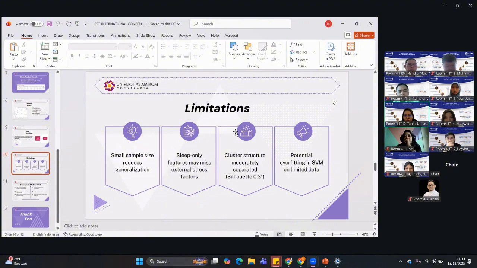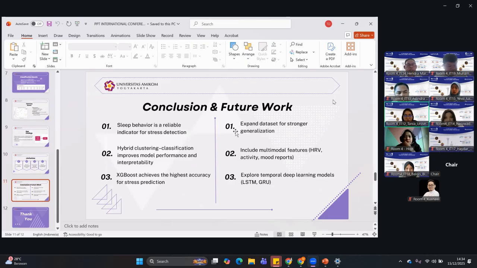Finally, let me conclude this study and discuss with you. In conclusion, sleep behavior can serve as a reliable indicator for stress detection. Our hybrid framework improves performance and interpretability, and XGBoost achieved the strongest results.